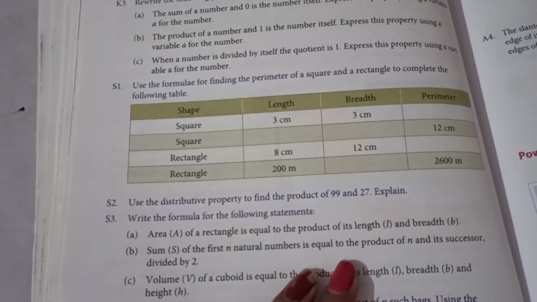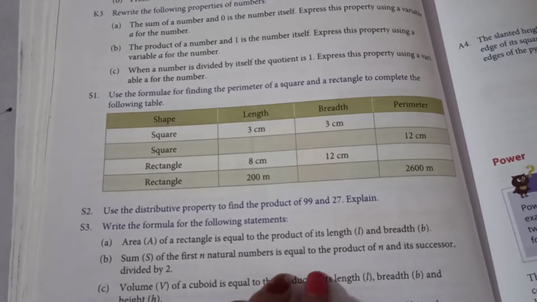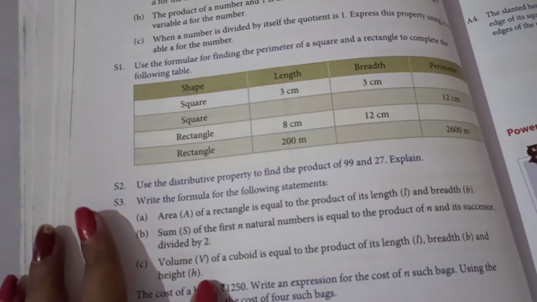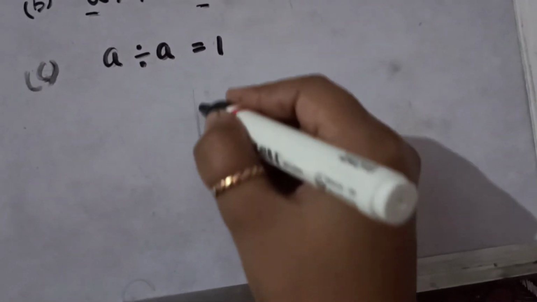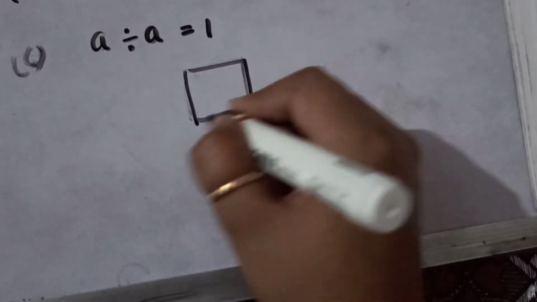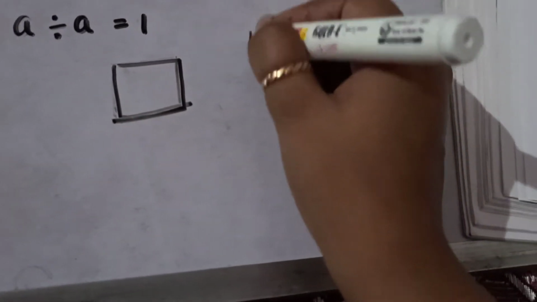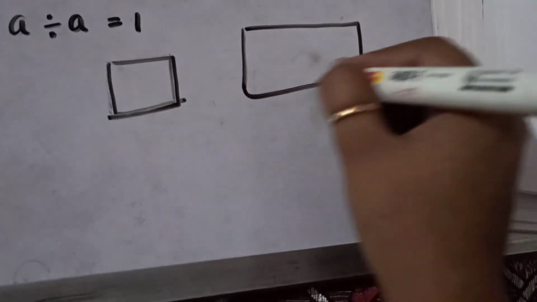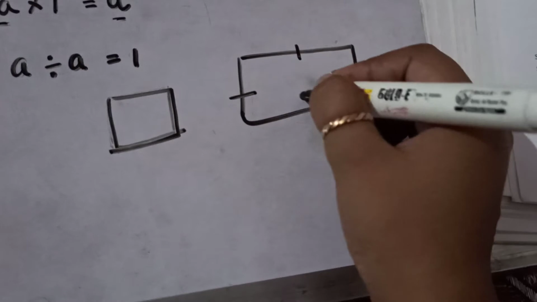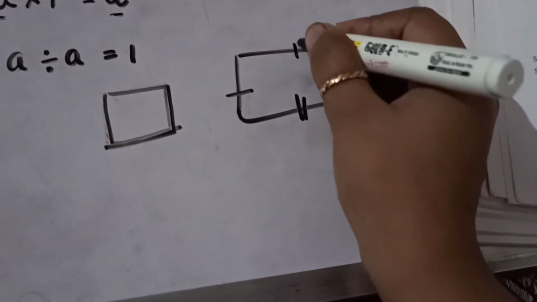Now the S1. Use the following for finding the perimeter of a square and rectangle to complete the following table. Now before starting finding the perimeter, see about square and rectangle. This figure is a square, all sides are equal, and this is a rectangle in which opposite sides are equal.